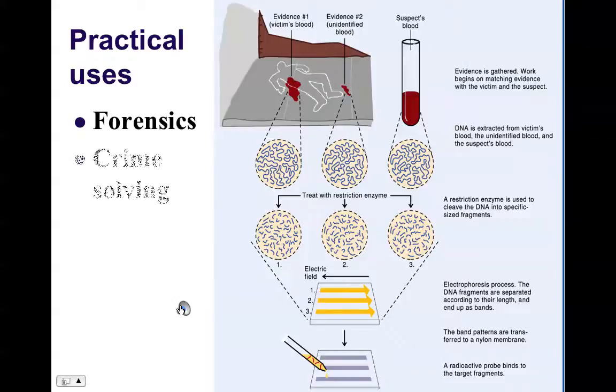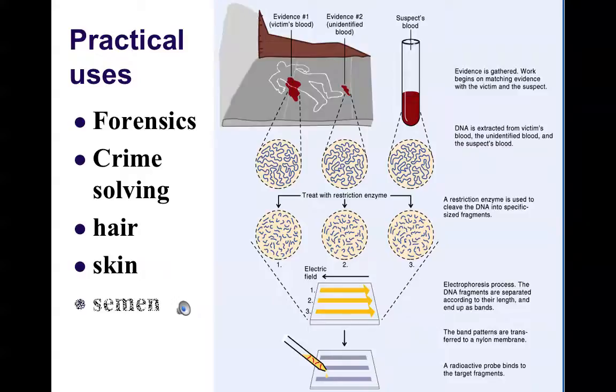DNA fingerprinting and the use of DNA probes, electrophoresis, and the creation of DNA patterns or fragments can use very small amounts of sample nowadays. We can use a single hair with the hair root, a few cells from somebody's tongue after they've licked an envelope, little pieces of skin that have been shed from their hands or arms, any kind of body fluid, as long as it has cellular material especially.